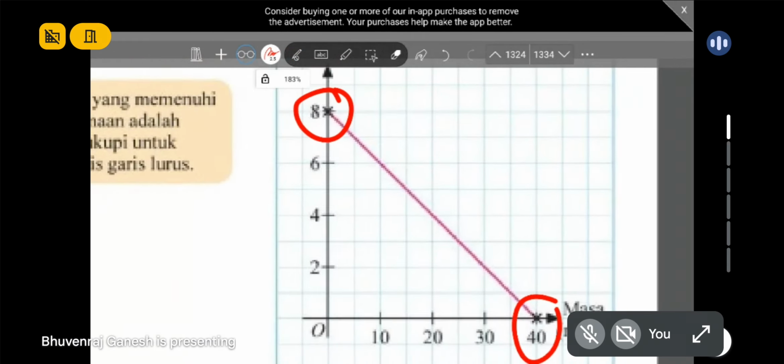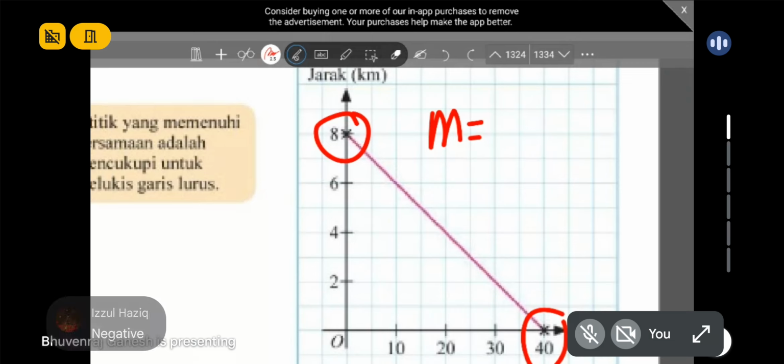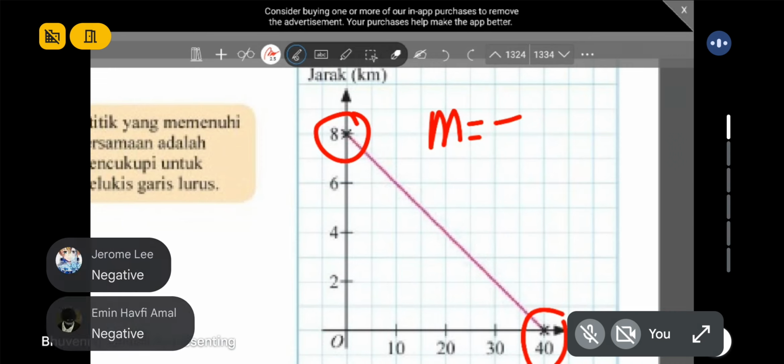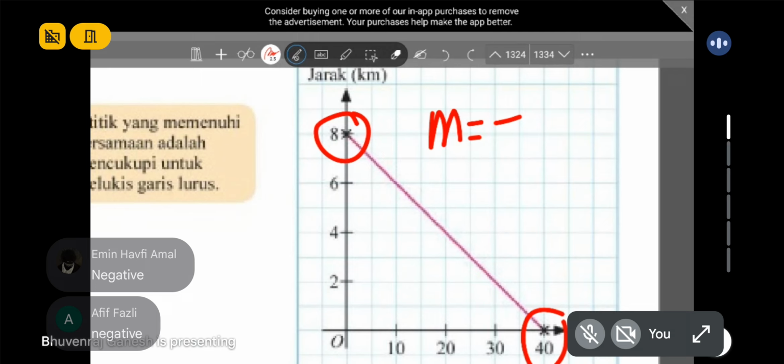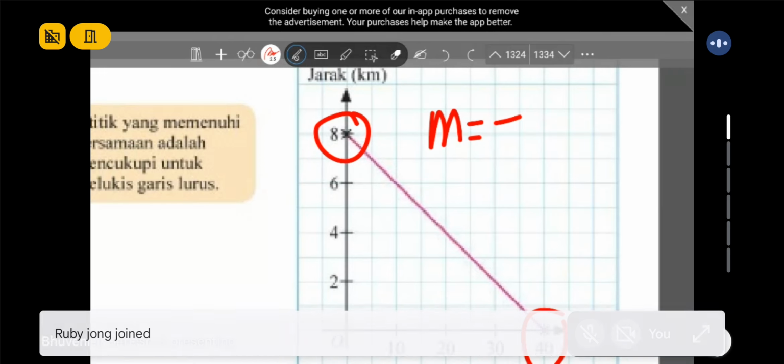So guys, when you see this graph, is the gradient negative or positive? May I know guys, this gradient? Is the gradient here positive or negative? Yes, negative, right? Okay, so negative gradient means what guys? In the context of this question, distance against time. What can you interpret from here?